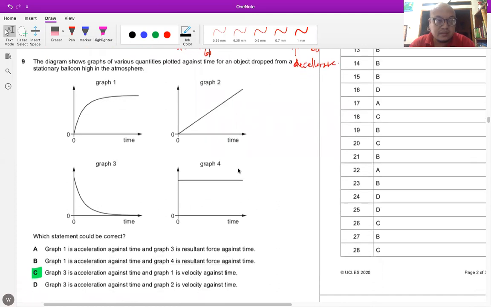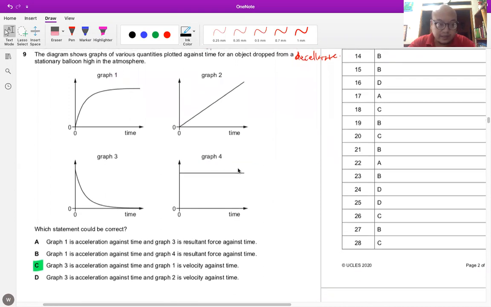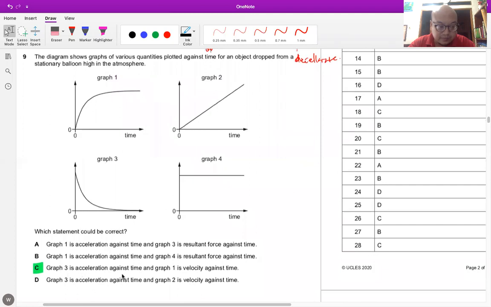Question 9. The diagram shows graphs of various quantities plotted against time for an object dropped from a stationary balloon high in the atmosphere. Which statement is correct? We have 4 graphs, and the answer is 3. Graph 1 is acceleration against time, going to constant.